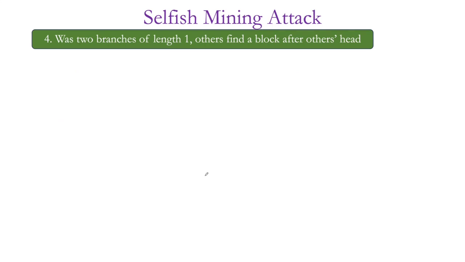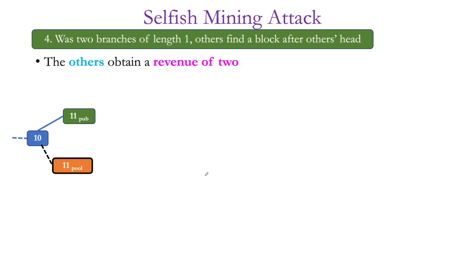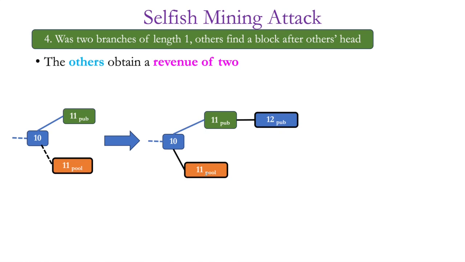Another case of selfish mining is two branches of the same length, and others find a block after the others' head. Then the others obtain the revenue of two blocks. From the previous block 10, the honest miners build a new block, so they get one revenue, and another new block is added by the honest miners.